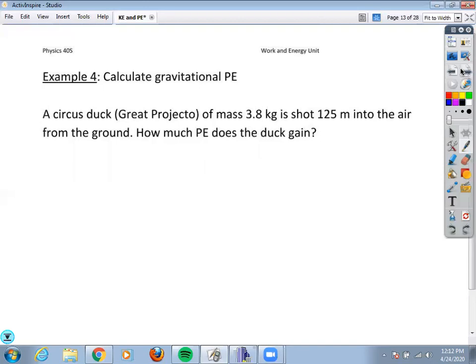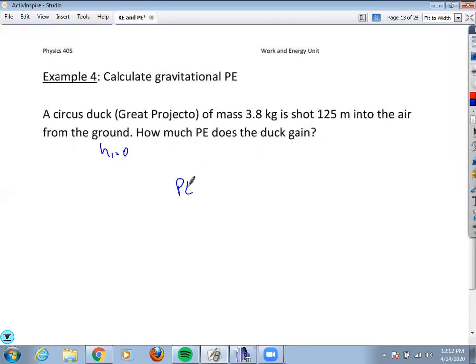So assuming from the ground h1 equals 0, gravitational potential energy equals mgh. So you can pause now and try it on your own. Okay, so now we would just take 3.8 times 9.8, because g on Earth always equals 9.8, times the height, 125 meters.